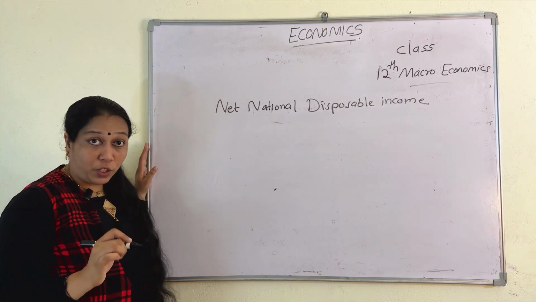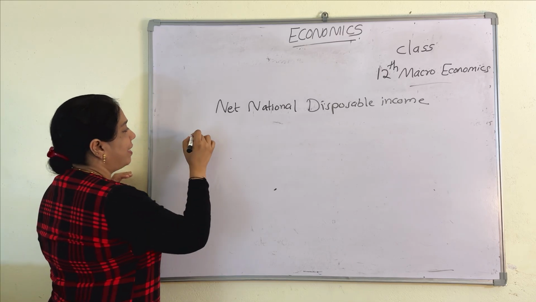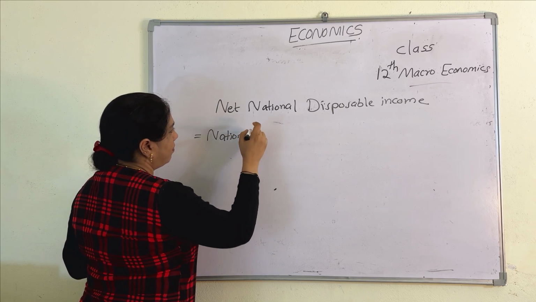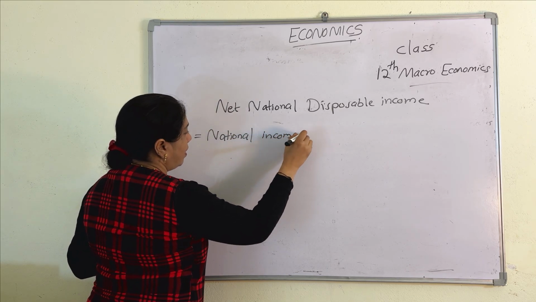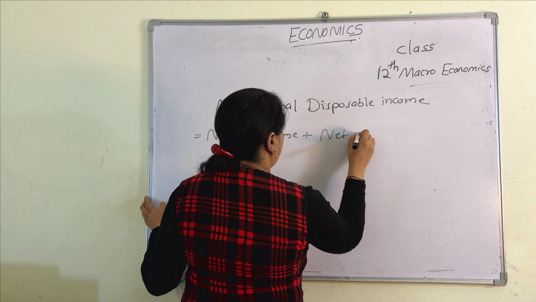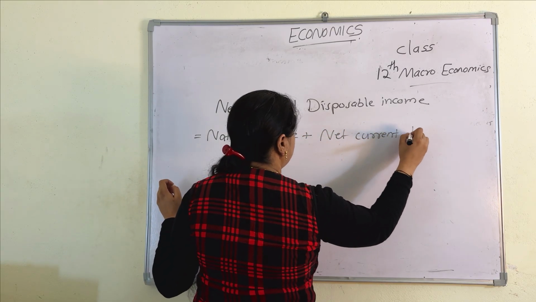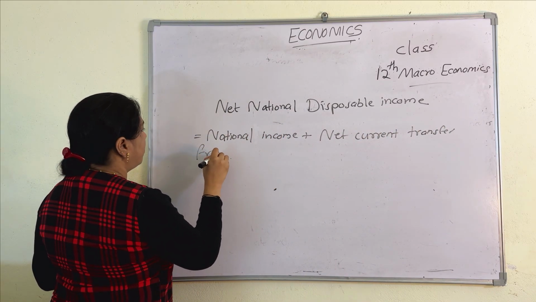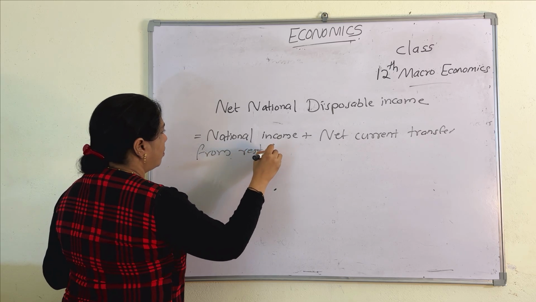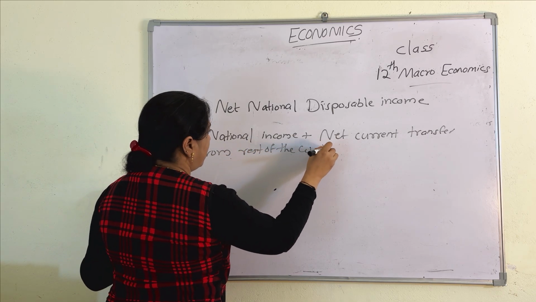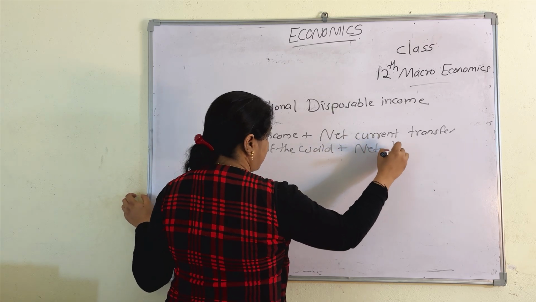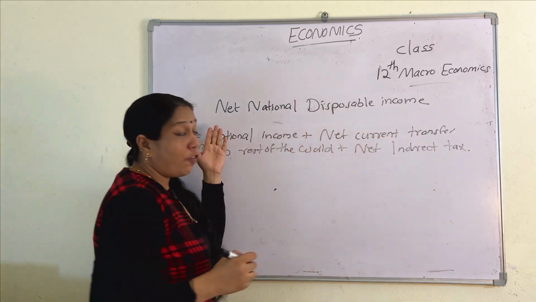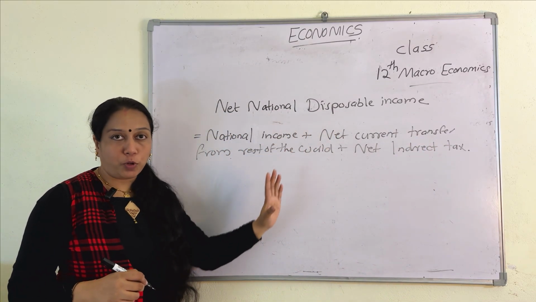The formula to find out the net national disposable income is national income plus net current transfer from the rest of the world plus net indirect tax. This is the formula to find out the net national disposable income.